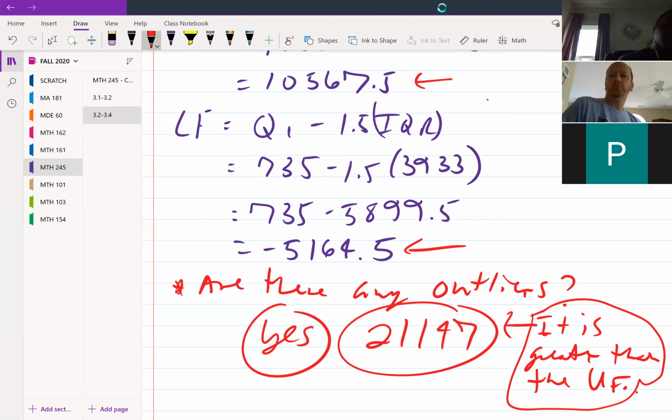Can you see me? Not yet. I'm trying to wait for it to bring me back. Minimize your Zoom screen and bring it back up. That's what I normally do when it freezes up. Let's see if that'll work. No. Can you see me?